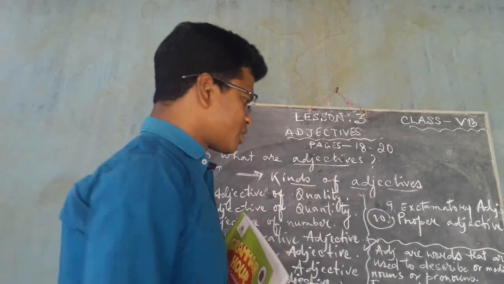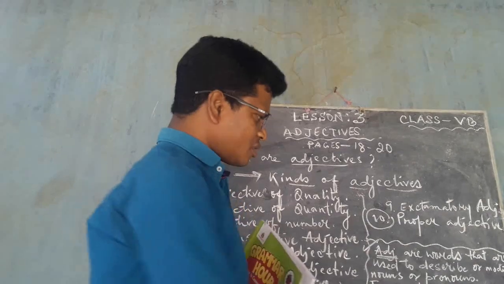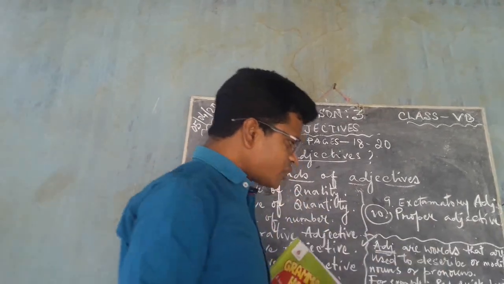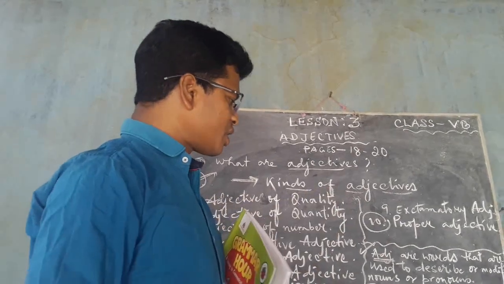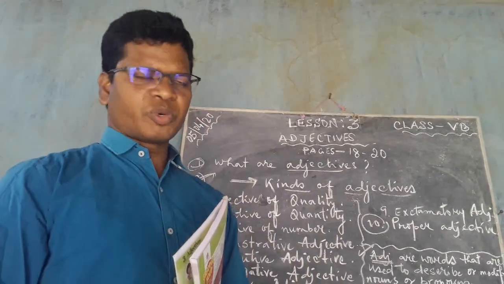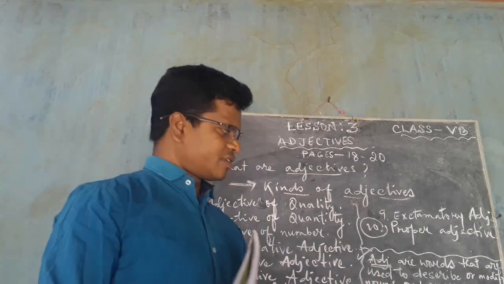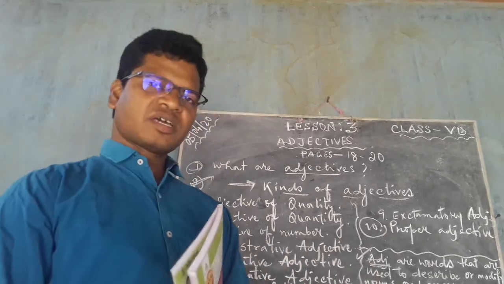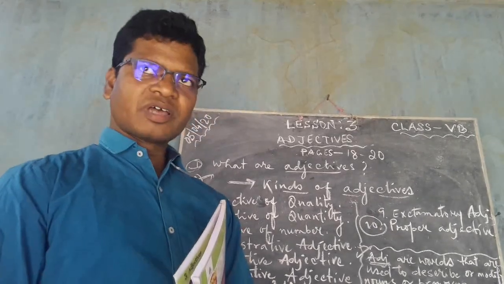They describe more about nouns or pronouns. For example, I have written red, quick, happy. All these are examples of adjectives.